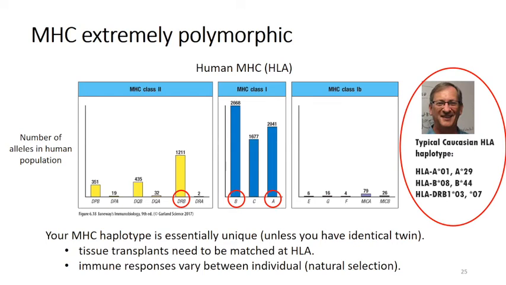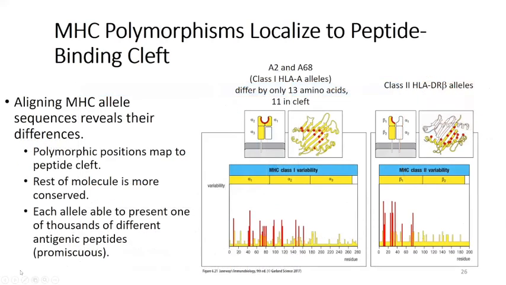Some people are susceptible to this. They might not have the right MHC molecules to present it. So it's long been recognized that the immune response varies. Here are two human alleles.